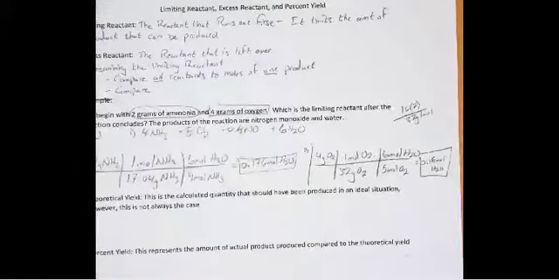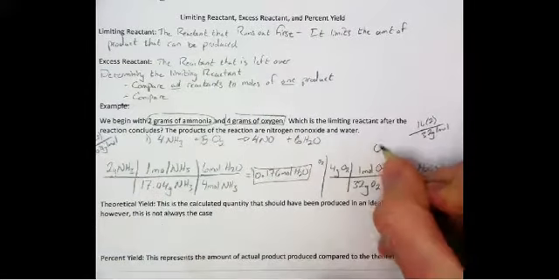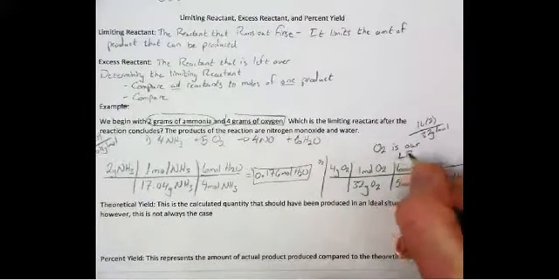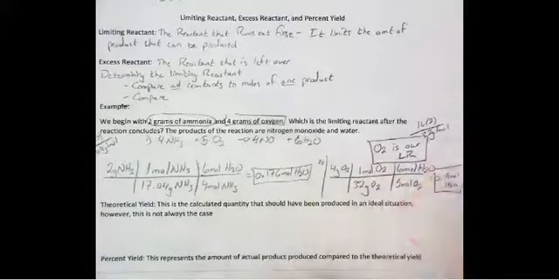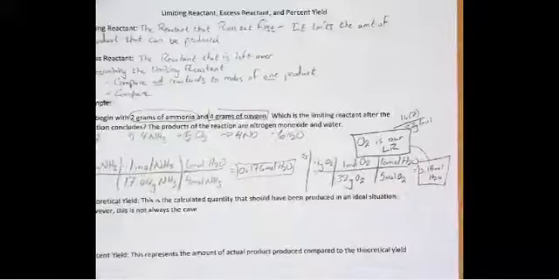Now, which one is our limiting reactant? Well, our limiting reactant is defined as the reactant that limits the amount of product that we can make. So that means this is the one that produces the least amount of product. Very similar to our wheels that ran out first in our tricycle. In this instance, we're going to run out of O2 first, because we're only going to produce 0.15 moles of H2O with it.